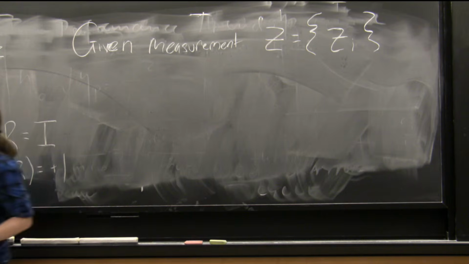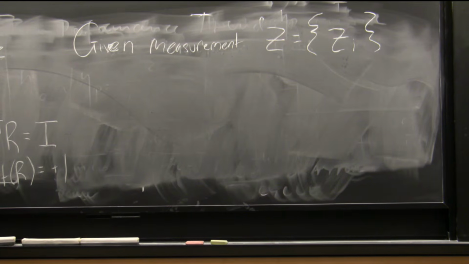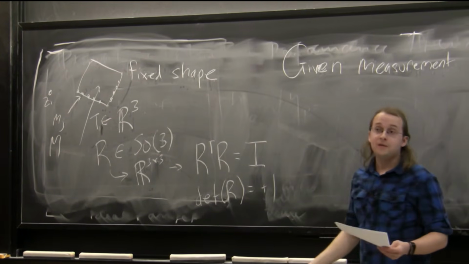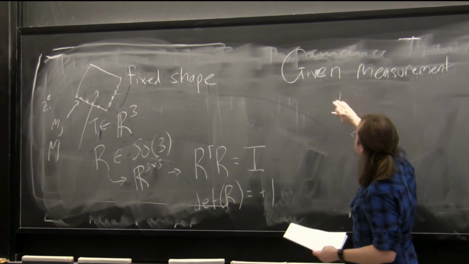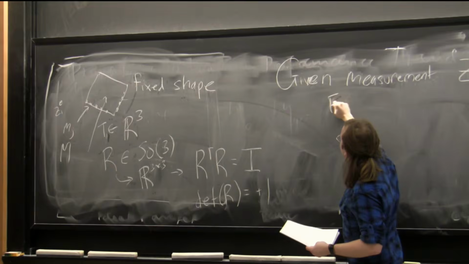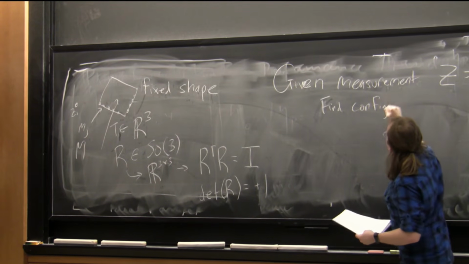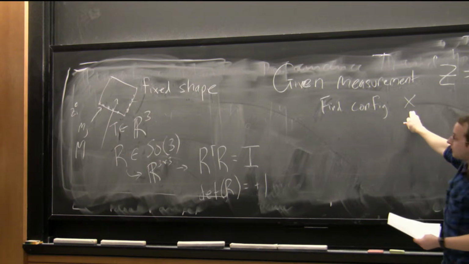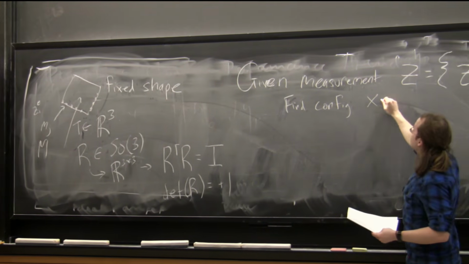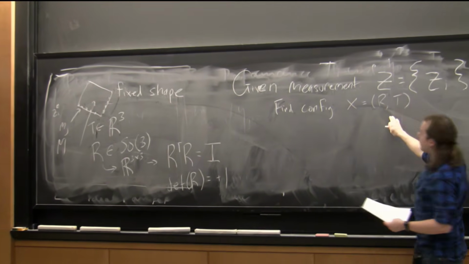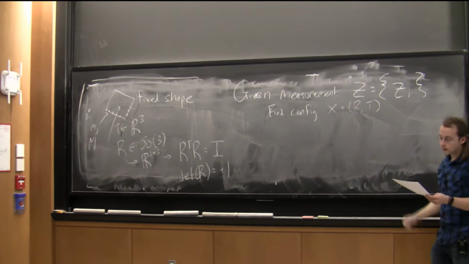In the context of our object over here, they'd be some points out in space, point observations Zi. And we'd like to find some pose of the object, or a configuration. I'm going to abbreviate X, which is the configuration of our robot. In this case, X is a pair of a rotation and a translation, satisfying those constraints over there.